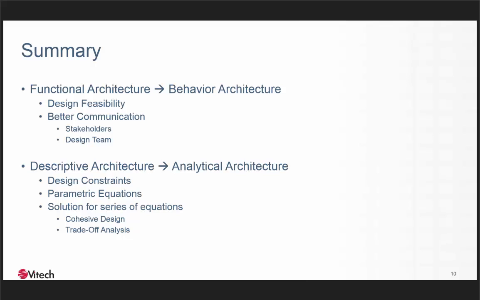When you show things like the parametric diagram, it helps to explain to non-engineering team members why a change in what appears to be a very elementary requirement can ripple through the architecture and have a huge impact on it.